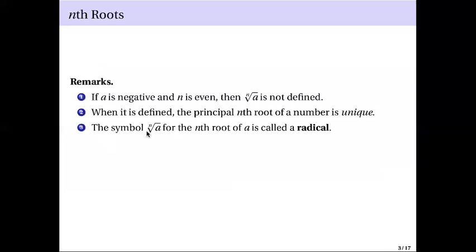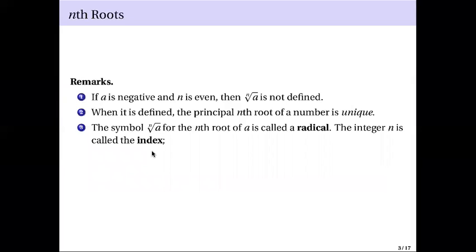Now, the symbol for the nth root of a, we call this radical. And the integer n, the n that we see here, is called the index of the radical.